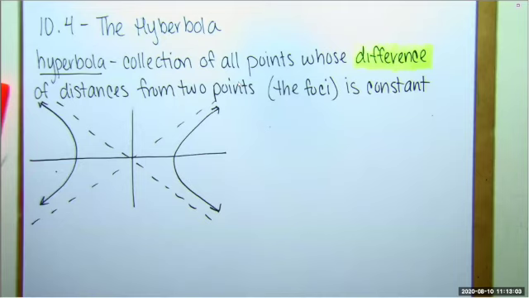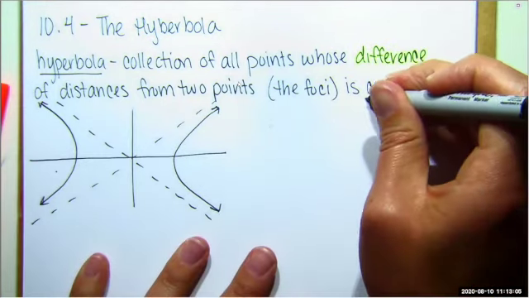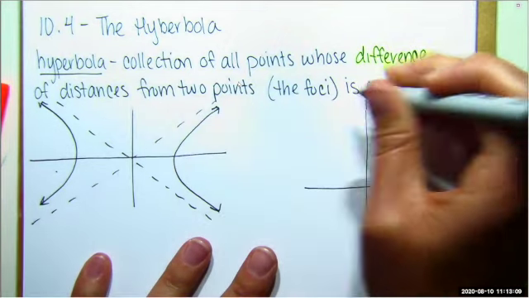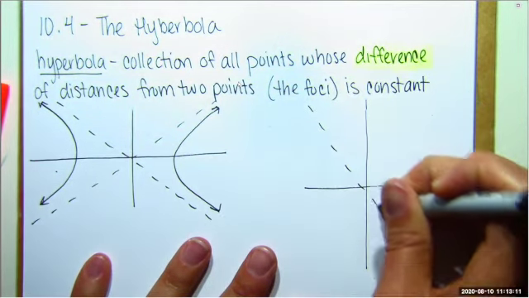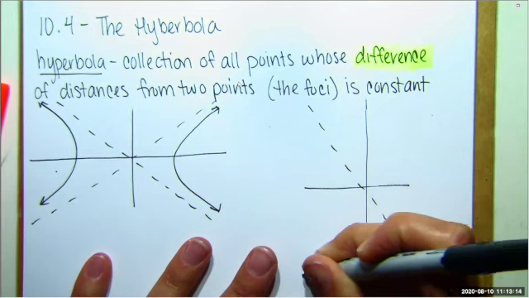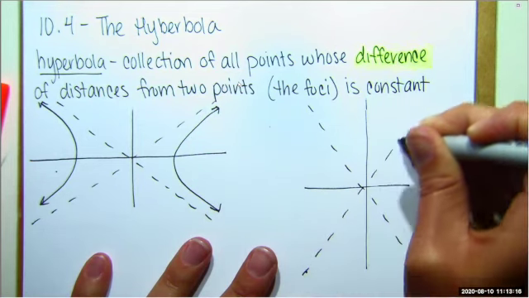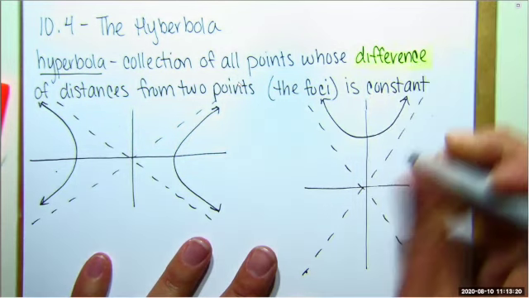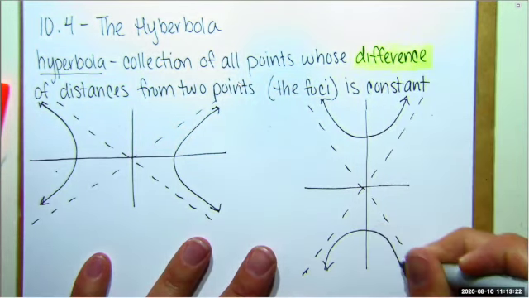If we have a hyperbola that's oriented vertically, we'll have these oblique asymptotes, and we're going to have two pieces of our graph that follow those oblique asymptotes. It'll look something like this.